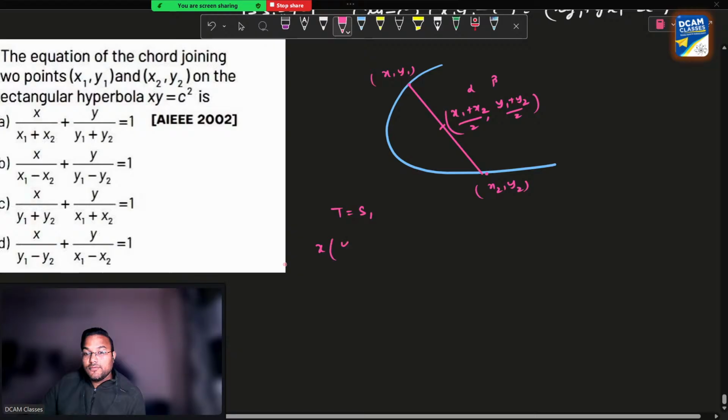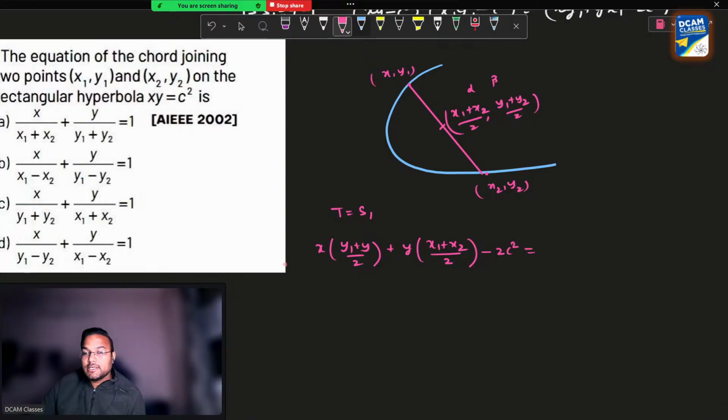It will be x into y1 plus y2 by 2 plus y into x1 plus x2 by 2 minus 2c square. That's the equation of tangent at a point.